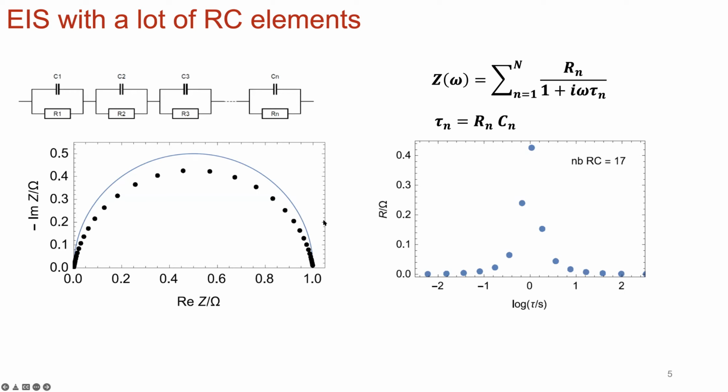Let's say there's n. In the hypothetical world, when you map it onto the resistance as a function of the time constant, you get something that looks like a Voigt type of function, or data points that you can fit to a Voigt function. Okay.